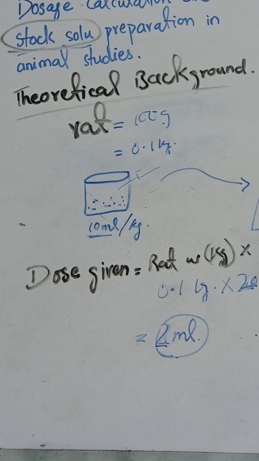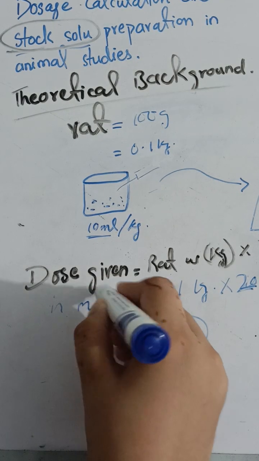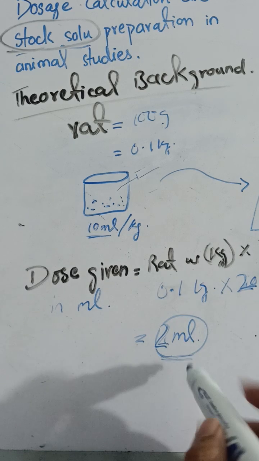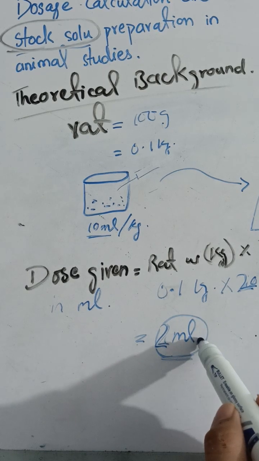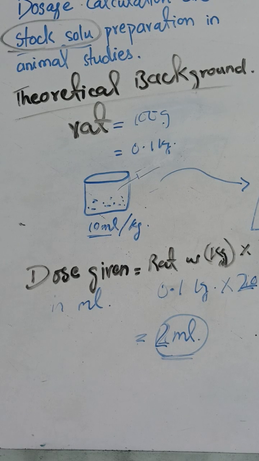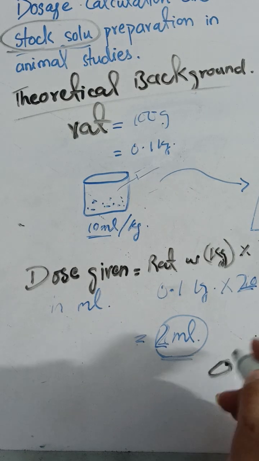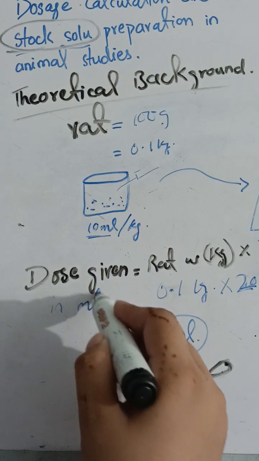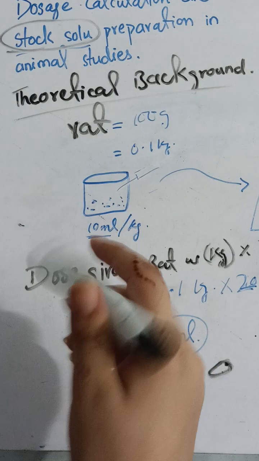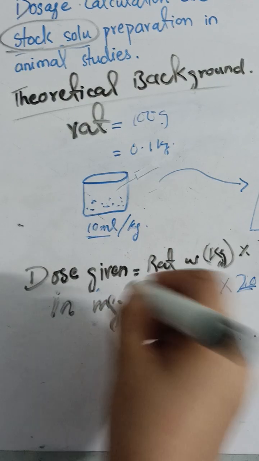Okay, now we have found the dose given in ml, right? In ml we have found this much of the dose given. So this ml is for the liquid dose. For example, for an injection, your dose is in liquid form. But if your drug is in solid form, in tablet form, now you have to calculate the dose in mg.